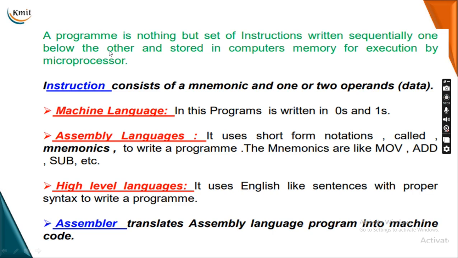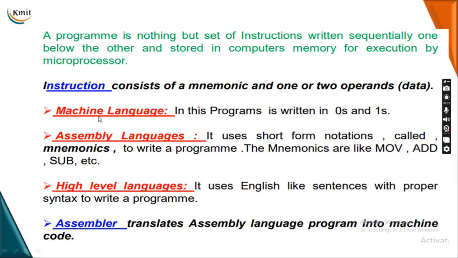A program is simply a series of instructions written one by one and stored in the computer's memory for execution by the processor. An instruction consists of a mnemonic, an opcode, and one or two operands.